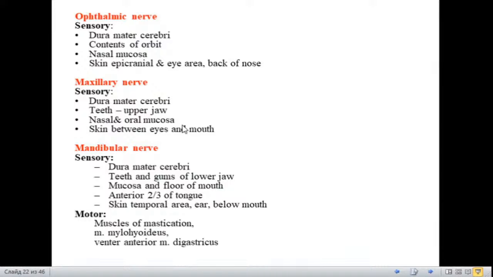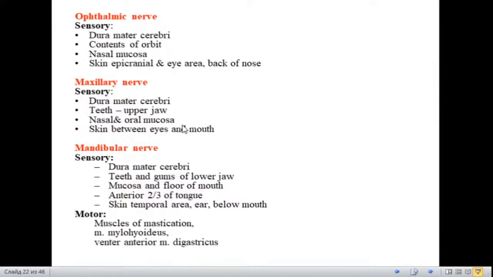The maxillary nerve supplies the meninges of the brain, as we said above. After that, upper teeth, nasal and oral mucosa, and skin between the palpebral fissure and oral fissure, so the middle part of the face. The mandibular nerve has two components, sensory and motor. The sensory one supplies the meninges of the brain, lower teeth and gums, mucosa and floor of the mouth.